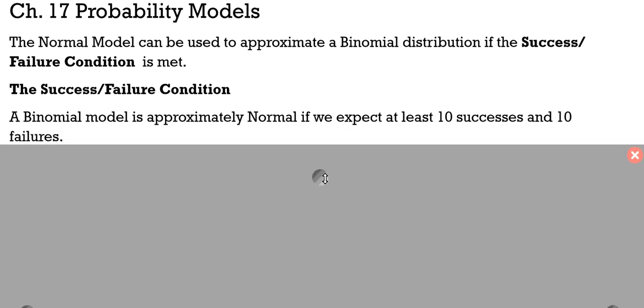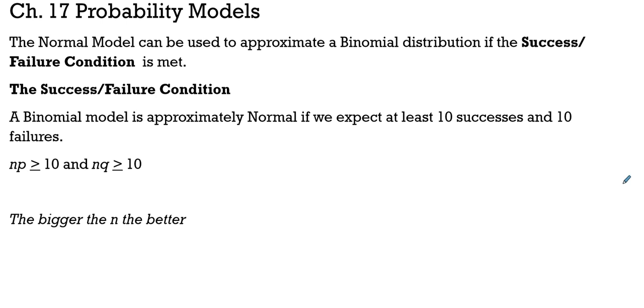So if we expect at least 10 successes and 10 failures, n times p is greater than or equal to 10, n times q is greater than or equal to 10, we can use that mean and standard deviation and whatever number we're looking for to find that probability. It's not going to match up exactly as it would doing it by the binomial model, but it won't be different enough to give you a different decision to make. You'd still make the same decision.